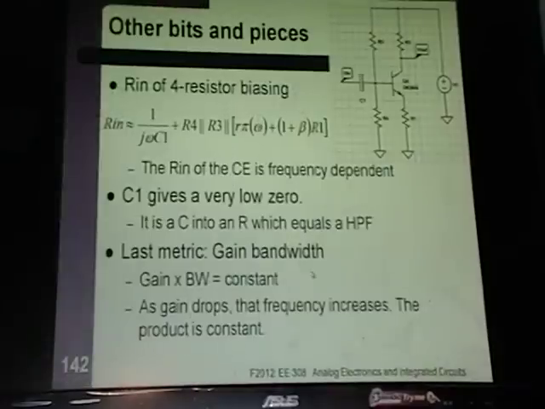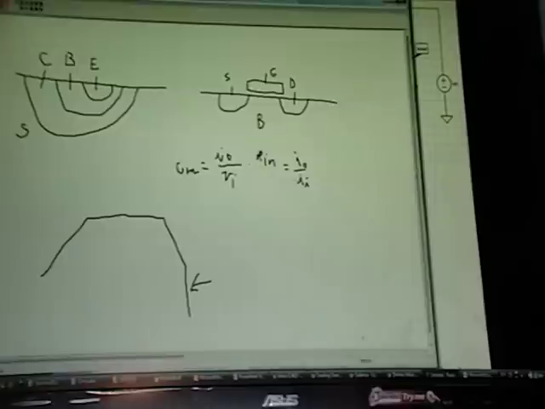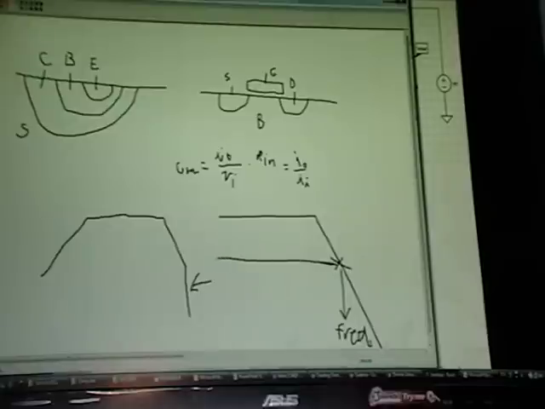Okay, and last metric, gain bandwidth. So here's your Bode plot. Let's say you look at this point. If you find the frequency here, and you find the gain here, if you multiply the two, you'll get some number.